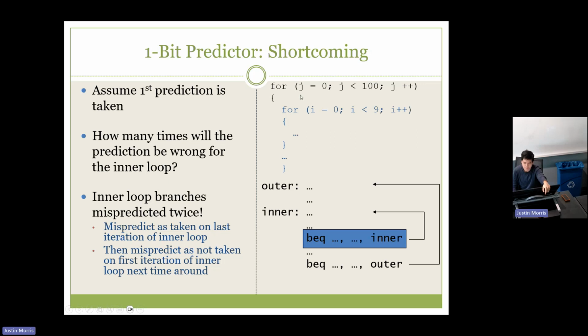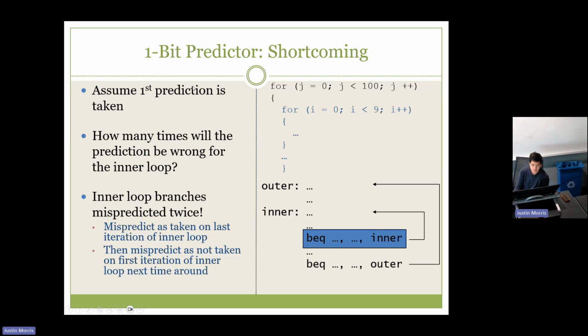So because of this outer loop, on average, this is getting it wrong twice for the full execution of this code. But the very first time, yes, it is just once. So this is a downfall of this 1-bit predictor.